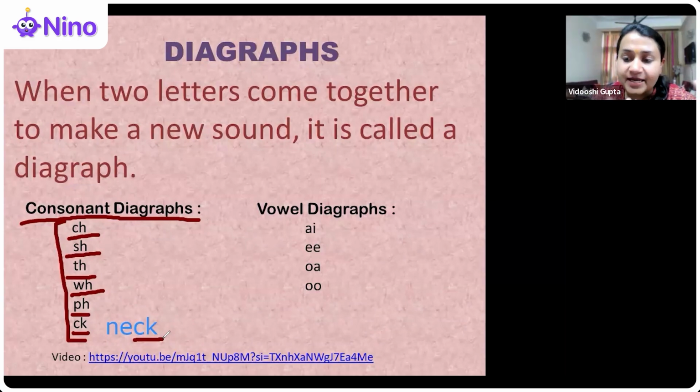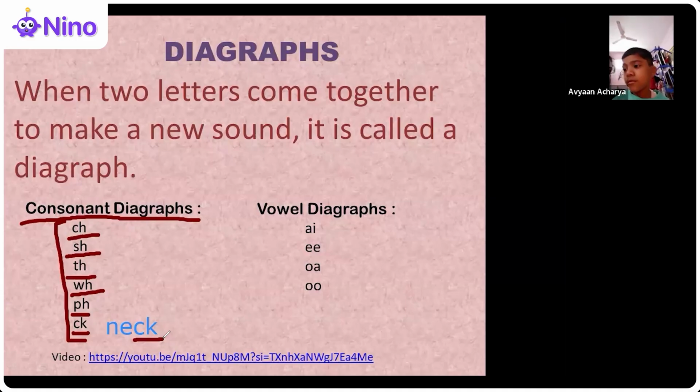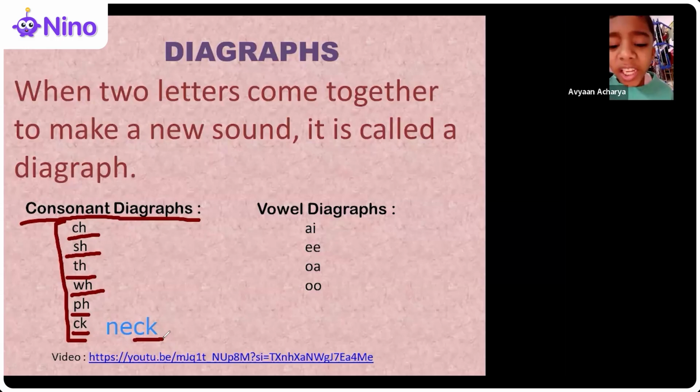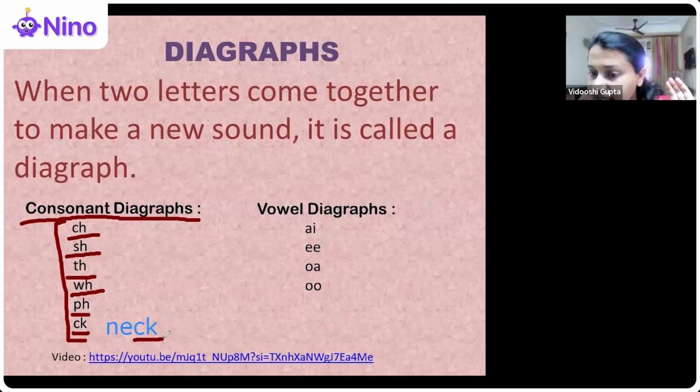So these were some basic examples of consonant digraphs that we use. Avyan, I can hear you saying something, but your voice is not very clear. You were saying E and A, Avyan, right?